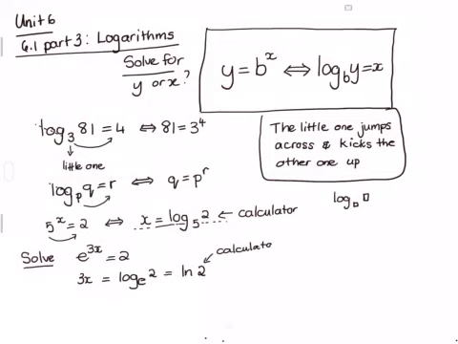So it's not an I and an N, it's an L and an N. So you just press the ln 2 and it will give you 0.69. Remember now it was 3x was equal to that. So x is 0.23.